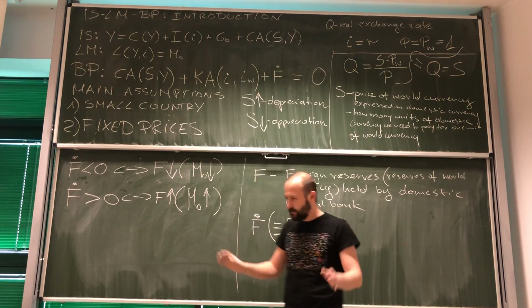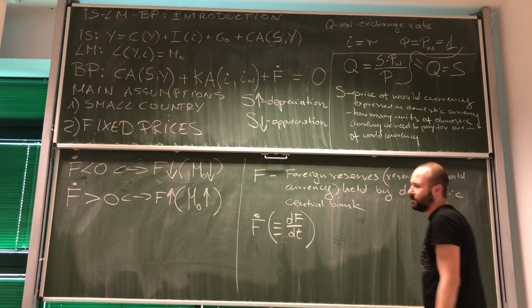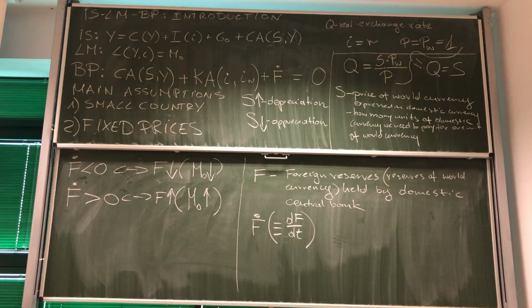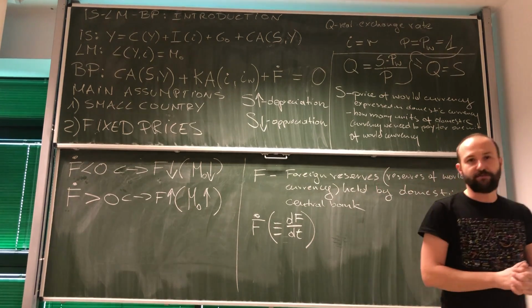And this covers all the cases. Of course, once you know how to do expansion, you just need to do the opposite for contraction. Okay, so in the next video, we're going to start with monetary expansion. Take care.